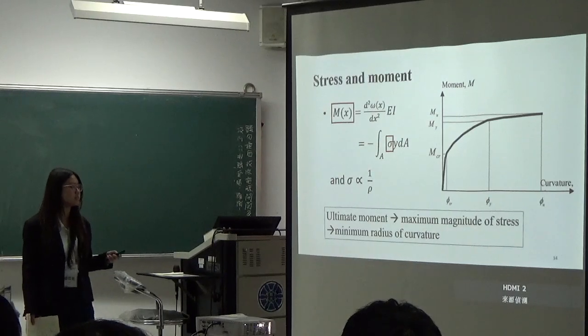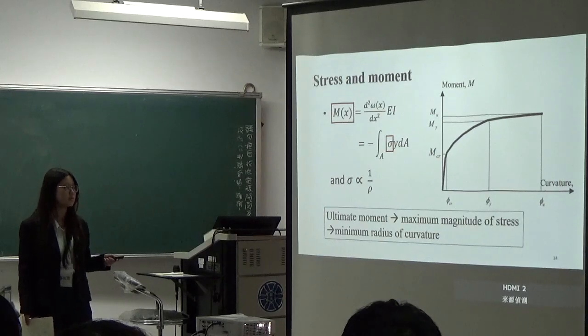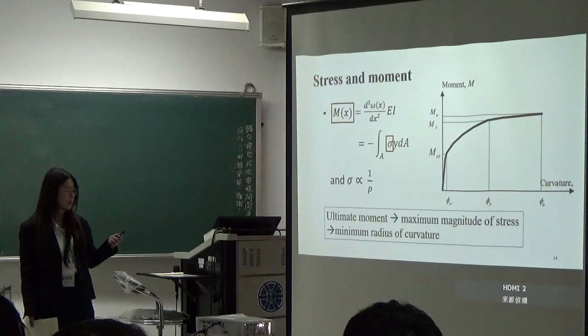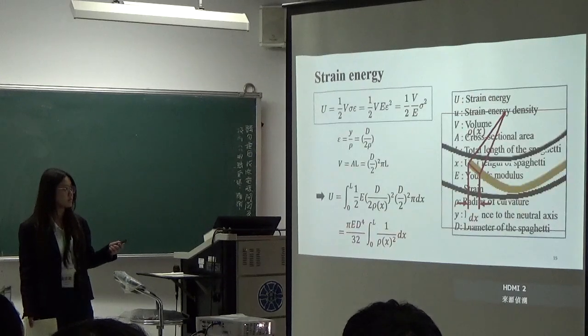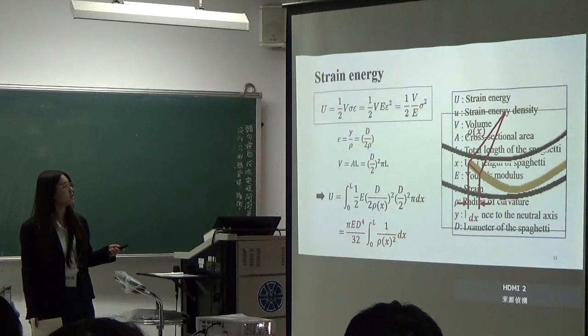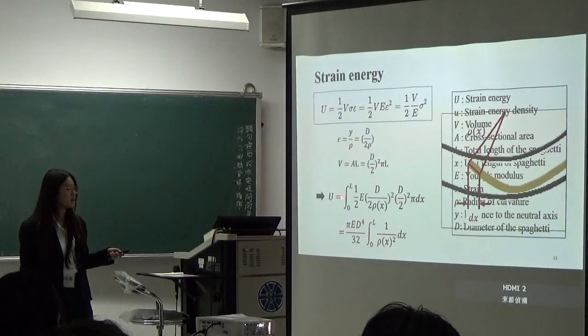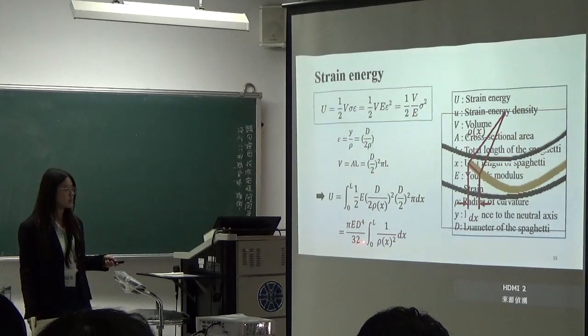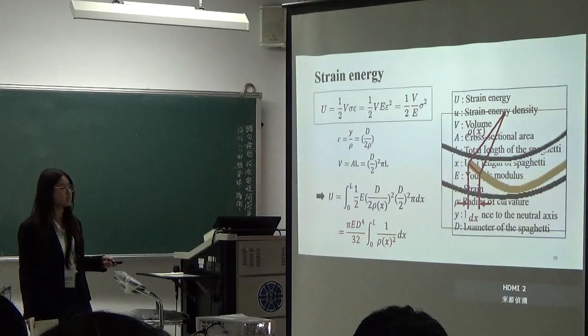the moment will cause the maximum magnitude of stress and will cause the minimum radius of curvature. The U here is the definition of U, and we calculate that, and this equation we will calculate later. All in front of it are constants.